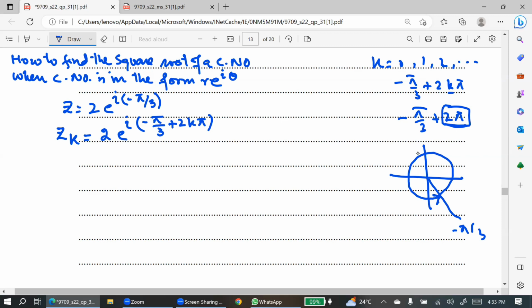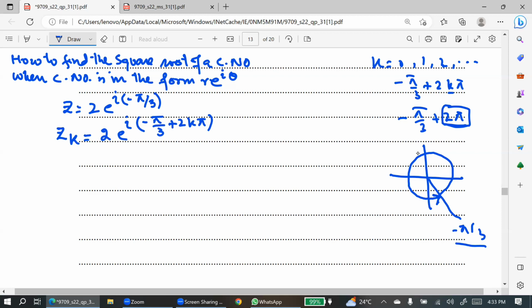If we add 360 degrees to minus 60, then it will be at the same position. Okay. Going clockwise or anti-clockwise gives the same thing, but we will add anti-clockwise movement.